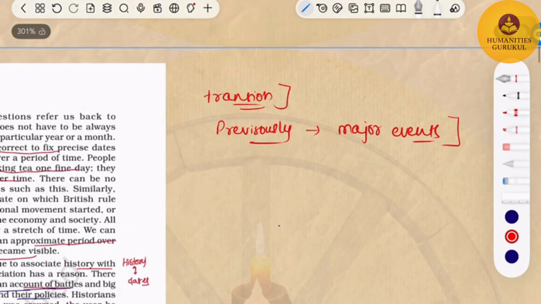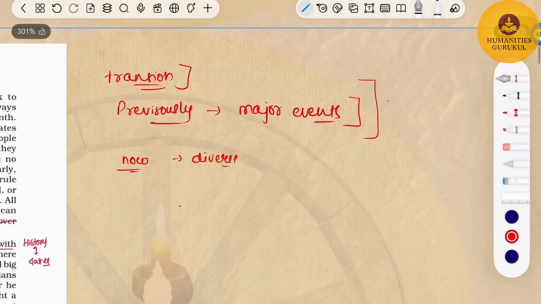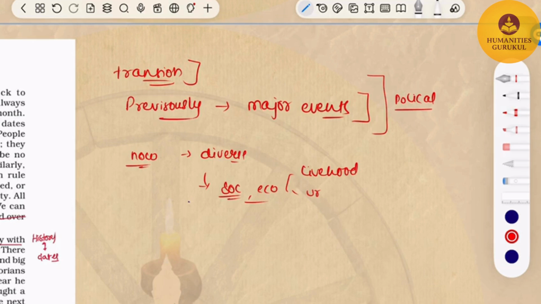But now what happened? Now we are going with diverse topics. These major events were mostly politically influenced. But diverse topics talk about social factors and economic factors, like livelihood, urbanization, or cultural evolution.